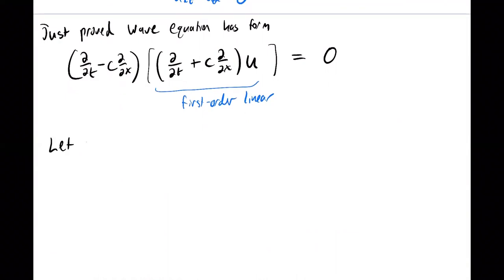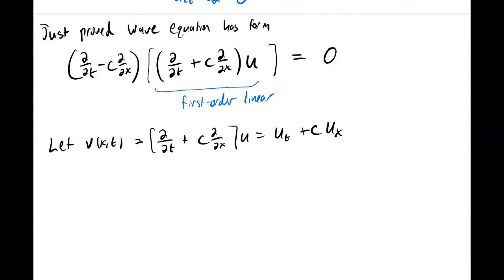Well, let me define, say, v of x,t. I'm going to define a new function, and this function is going to be what's in the brackets. So I have d/dt plus c times d/dx of u. So v is just the first derivative with respect to t of u plus c times the derivative of u with respect to x.